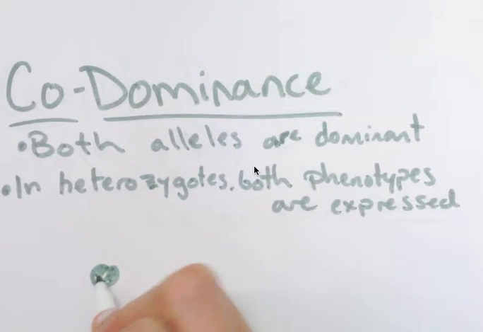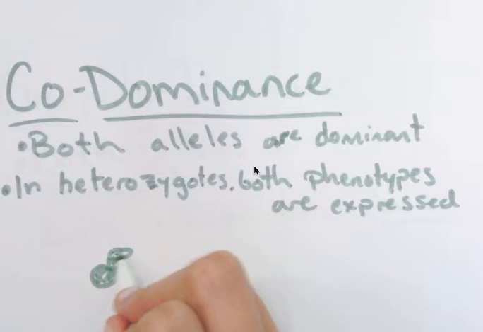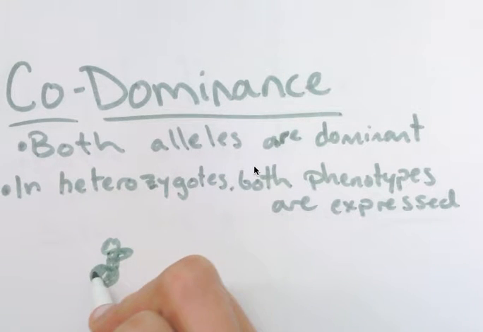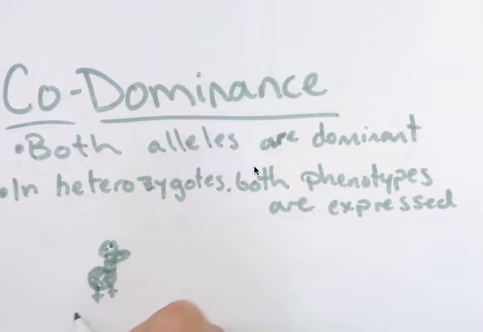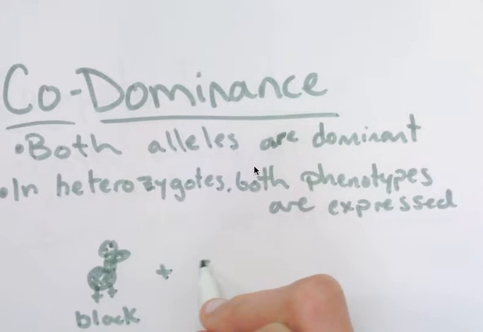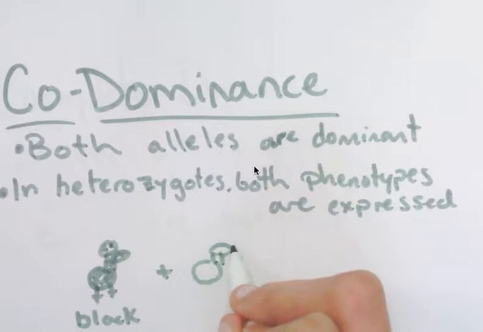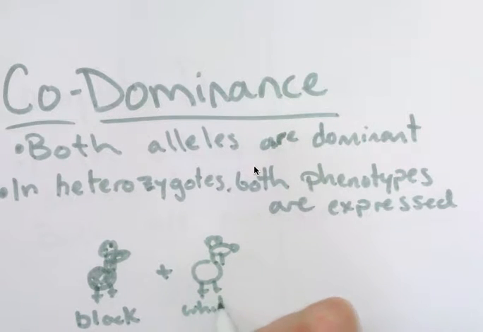If you take a chicken, we'll say that's a chicken. You take a chicken that has black feathers and cross it with a chicken that has white feathers.